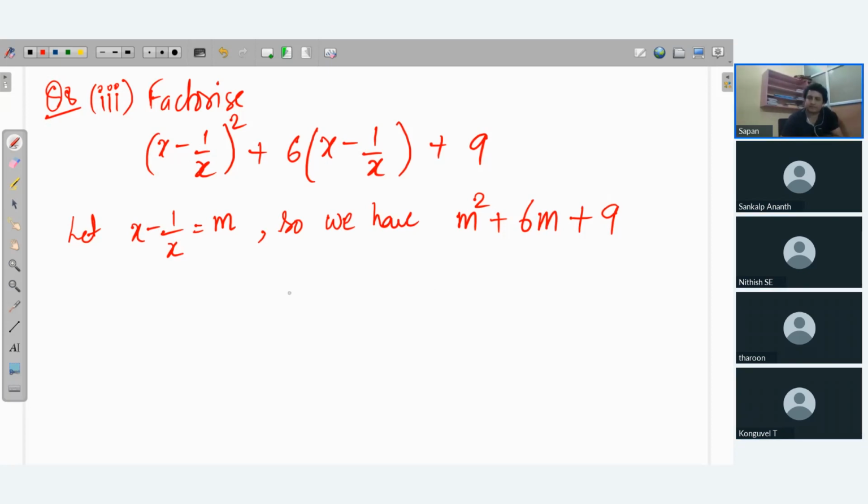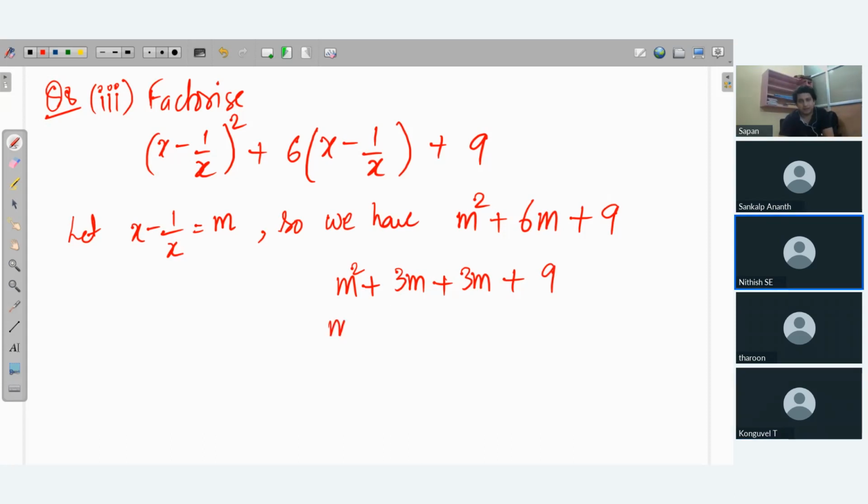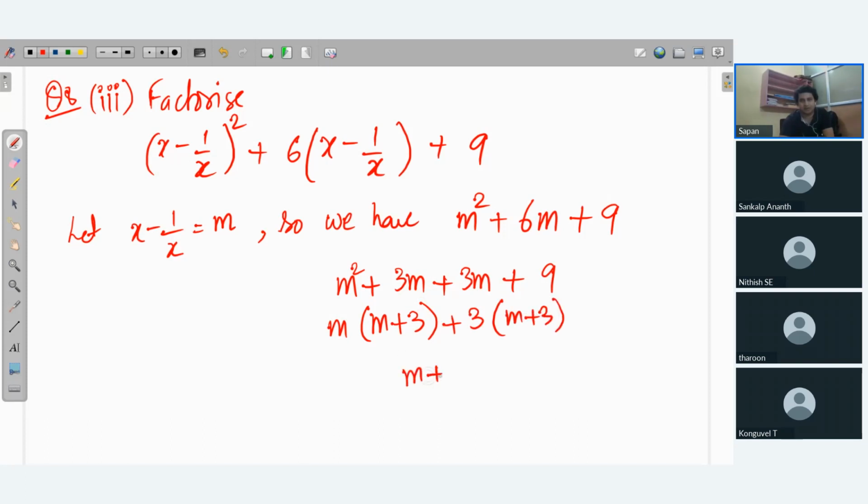So this is m square plus 3m plus 3m plus 9, splitting the middle term. That is m times m plus 3 plus 3 times m plus 3. This will be basically m plus 3 whole square. M plus 3 into m plus 3.